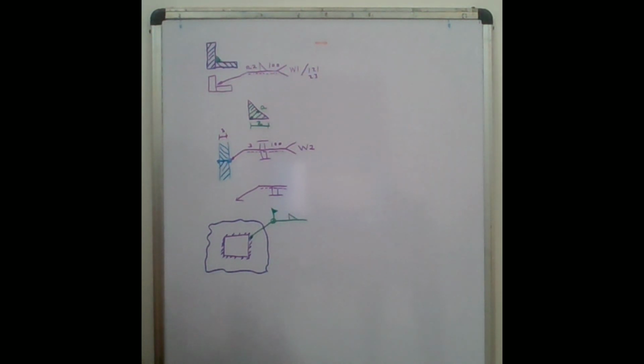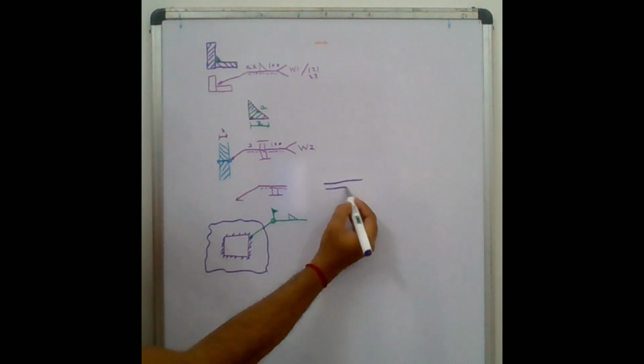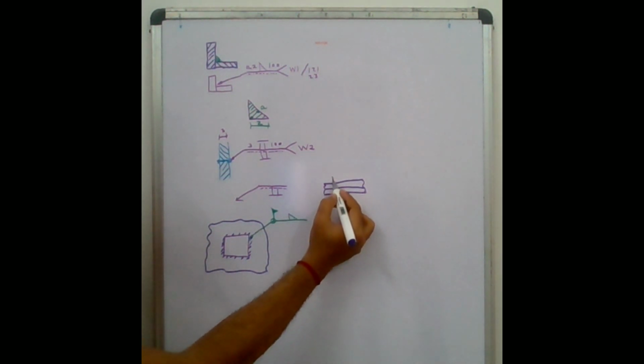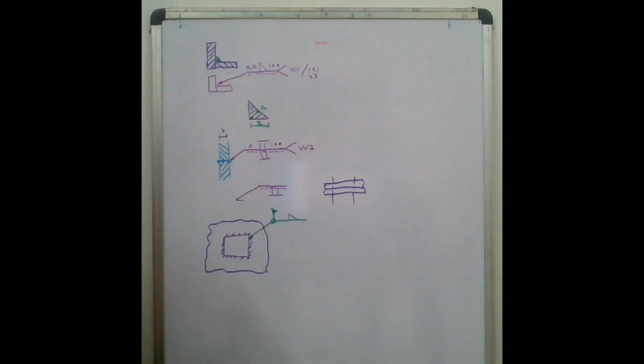And then let's see another example. If we want to do resistance spot welding or plug welding, then how to represent it? So let's say we have two plates here. We need a weld at this location for resistance spot welding.